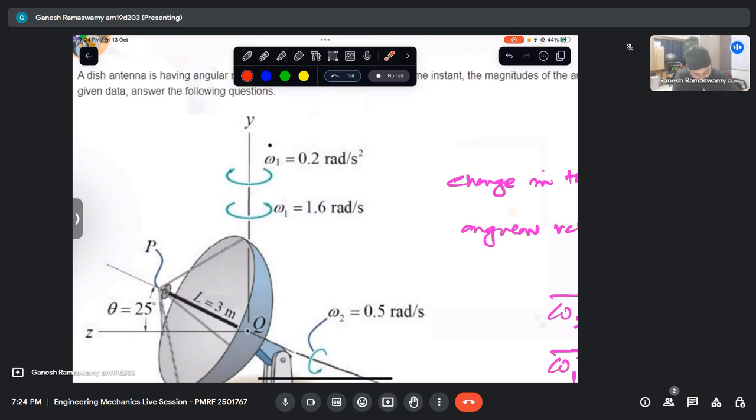This implies that omega 1 is slowing down with time. So when we substitute for omega 1 dot, we should substitute it as minus, because these two directions are opposite. That is the only change we need to keep in mind here.